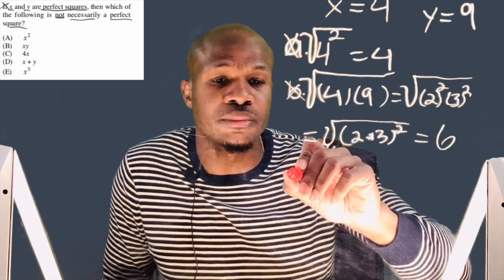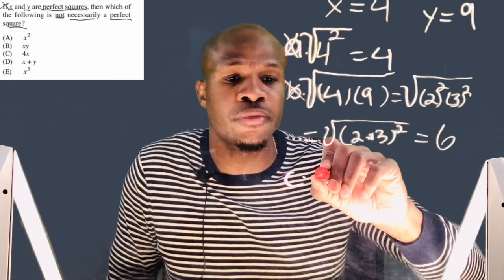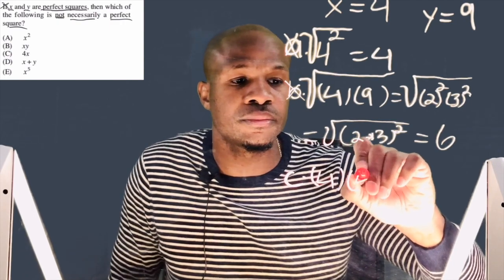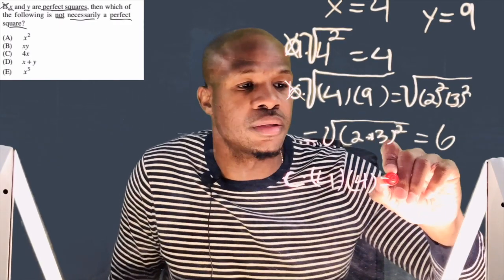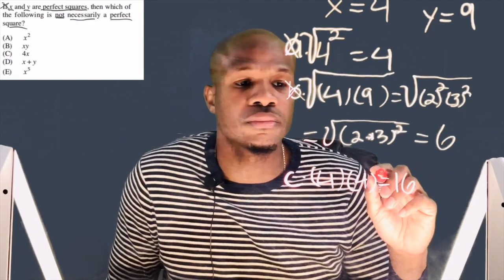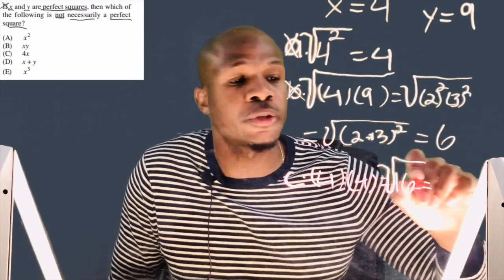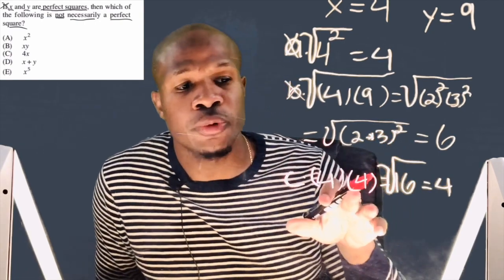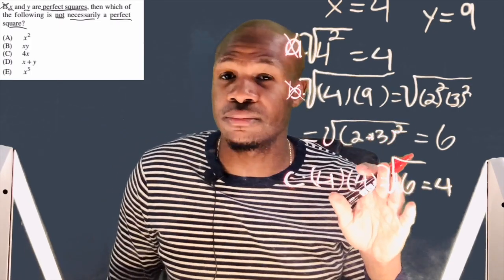So answer choice C, which is 4x. So that's 4 times 4, which gives me 16. The square root of 16 is 4. Now, with this one, this problem only involved an x.